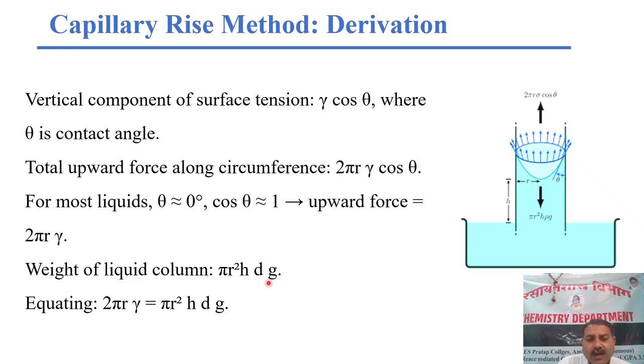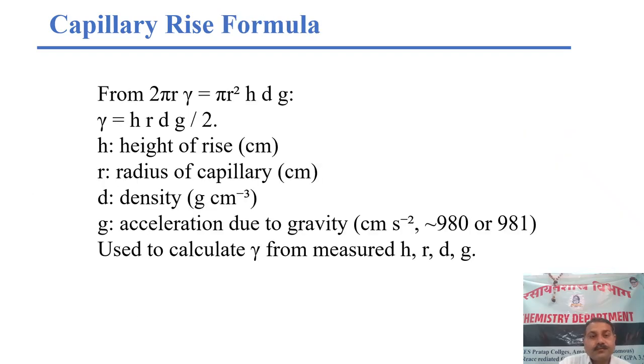When the upward force becomes equal to the downward force, 2 pi r gamma equals pi r square h d g. From this we have to determine gamma, the surface tension acting on the liquid.